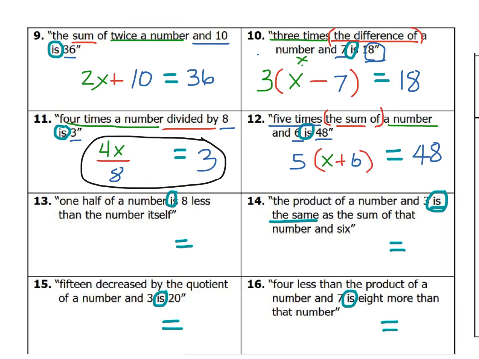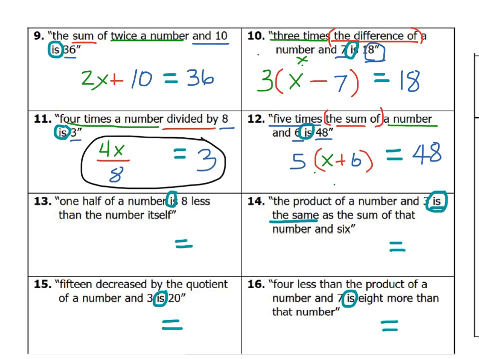All right, take a look at numbers 11 and 12. Hopefully in number 12 you were able to identify that parenthesis phrase. Our parenthesis phrases are going to be the difference of. Remember, of means multiplication. So I really do have the number 5 times everything in that parenthesis, okay?